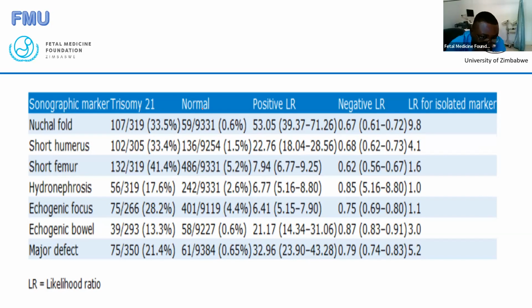To get the likelihood ratio, you divide the percentage of babies who have Down syndrome with an increased nuchal fold by the percentage of normal babies with an increased nuchal fold, to end up with a positive likelihood ratio of 53.